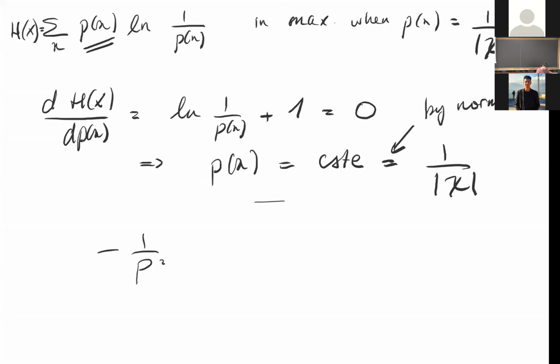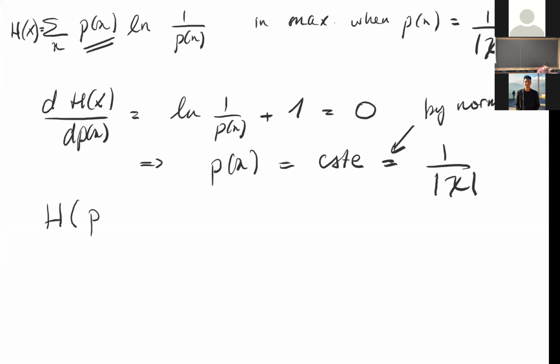Okay. So that means the argmax of h of x equals 1 over the cardinal. No, h of x is not just a number. It's a function of a vector.